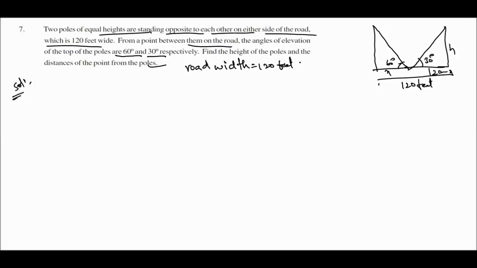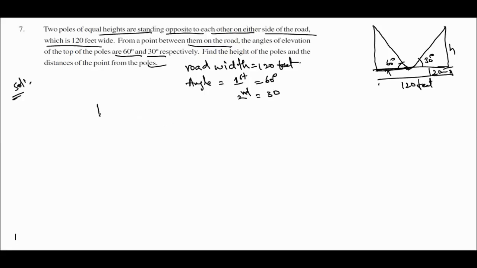The angle of the first tower is 60 degrees and the second tower is 30 degrees. The distance from the midpoint to the first pole is x, and to the second is 120 minus x.